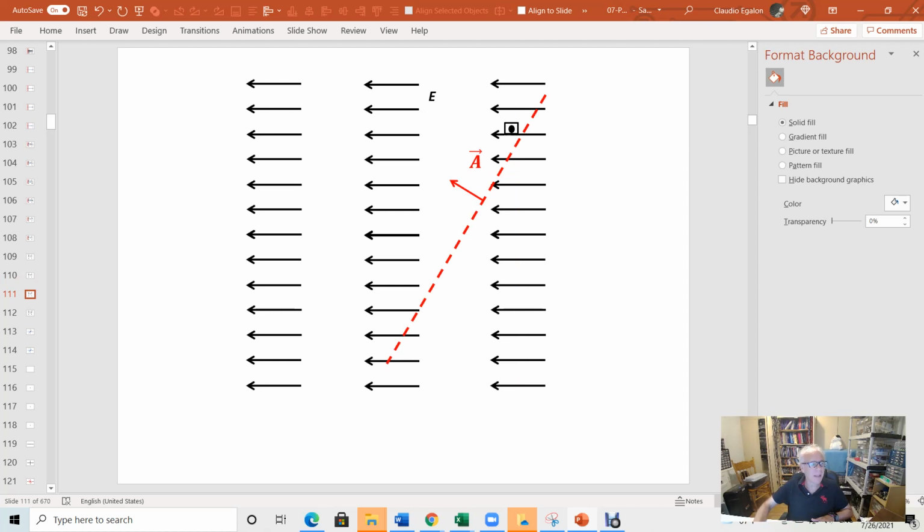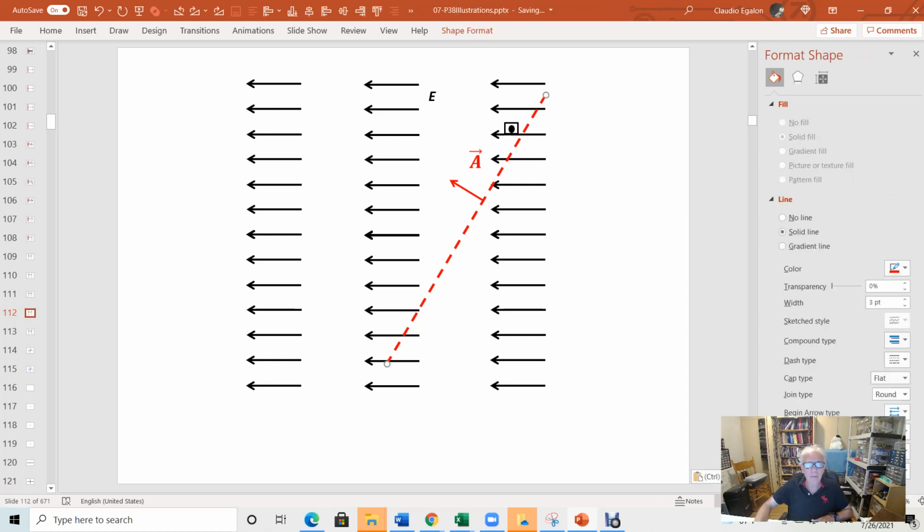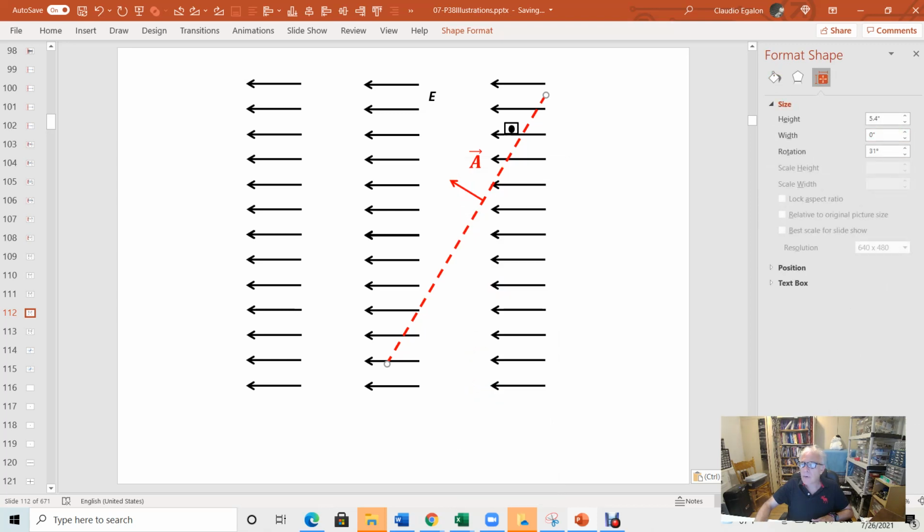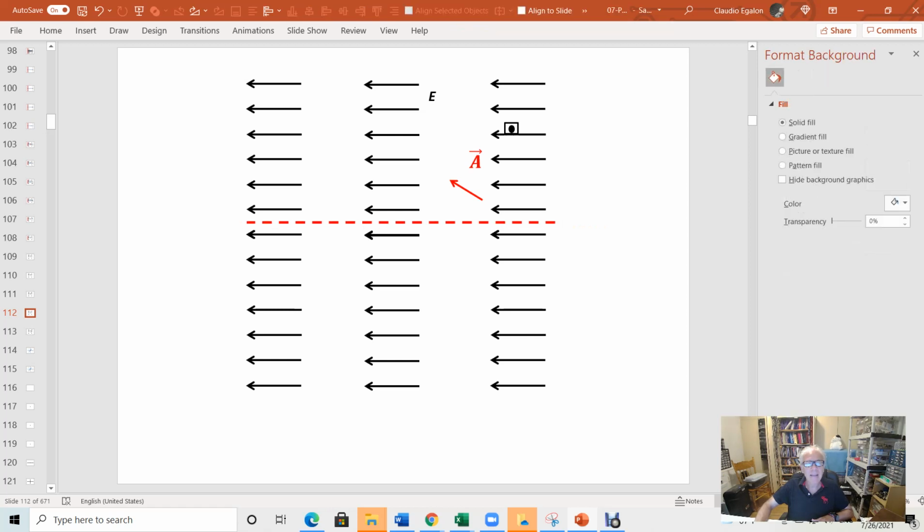Here we have fewer, and we can go even to the extreme in which you have no electric field whatsoever crossing the imaginary area. We do that by positioning this surface in this orientation here. No electric field lines crossing the surface whatsoever.